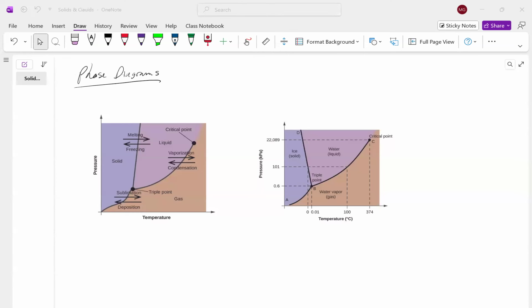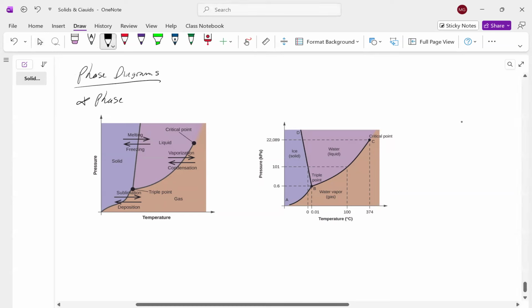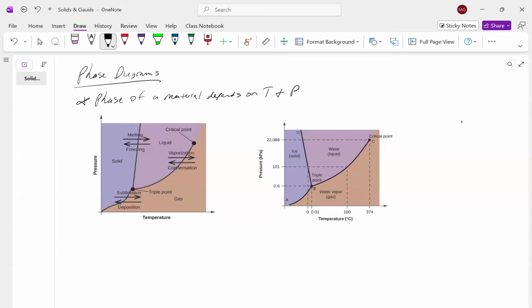So the last thing we're going to look at when it comes to phase transition is a way that we diagram and can look at the various conditions under which a substance will exist in a certain phase. And we call these diagrams phase diagrams because the phase of a material depends on both temperature and pressure.